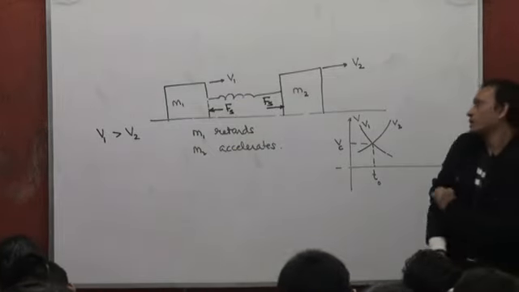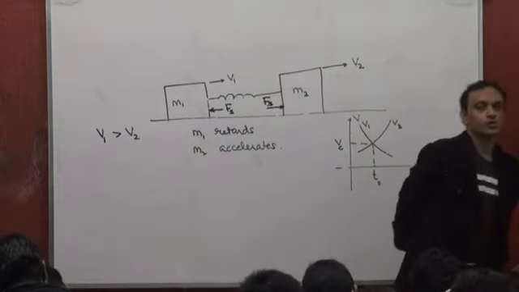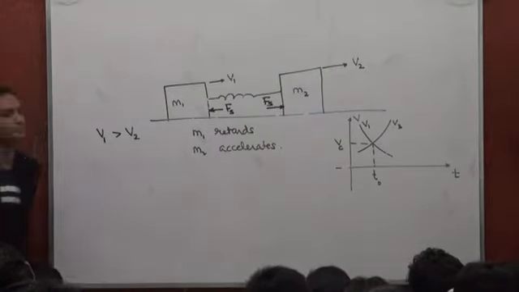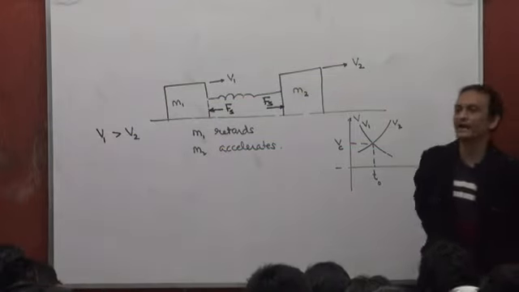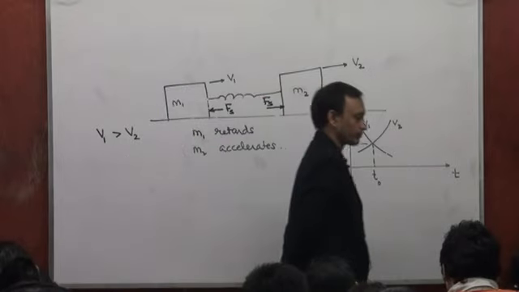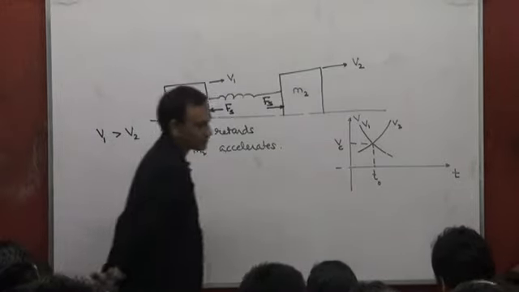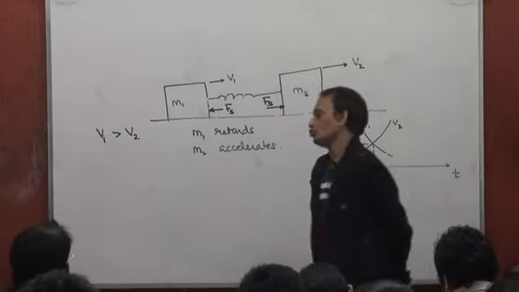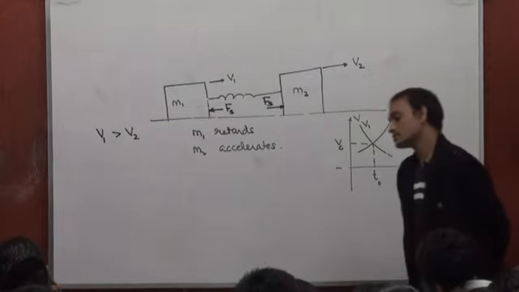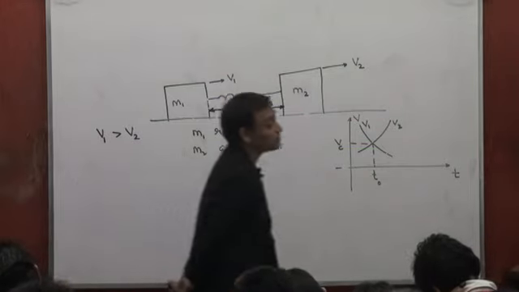In a typical two-body system, the state of maximum extension or maximum compression of the spring takes place at an instant when the velocities of the two masses is the same. That is when their relative velocity becomes zero.